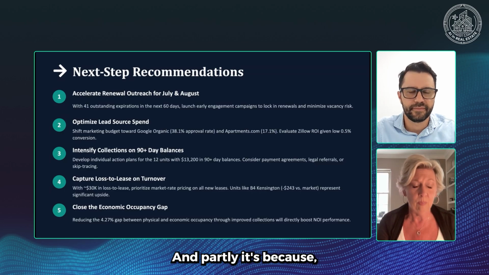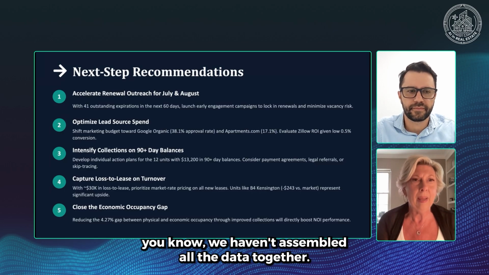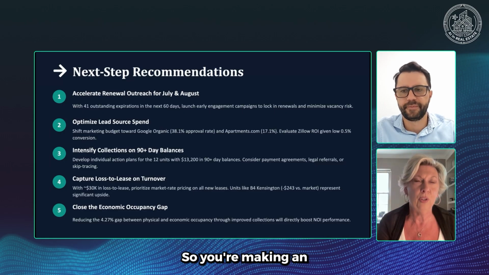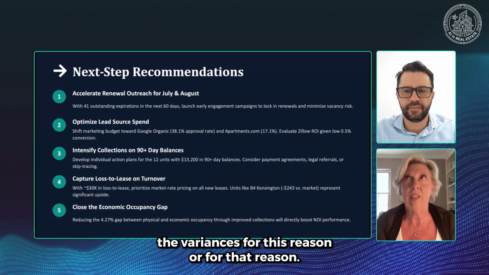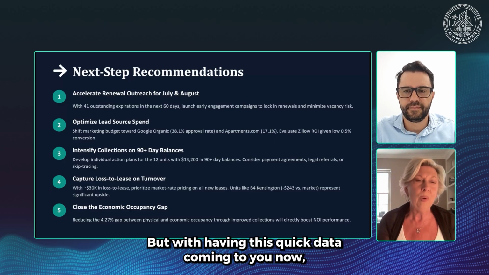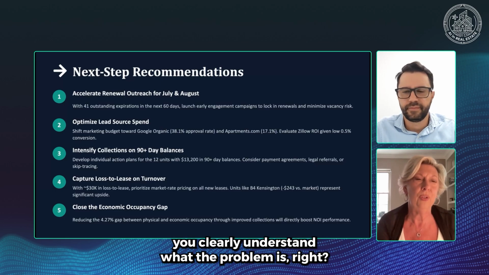Partly it's because we haven't assembled all the data together. So you're making an assumption it's for this reason, or the variance is for that reason. But with this quick data coming to you, now you clearly understand what the problem is, right?